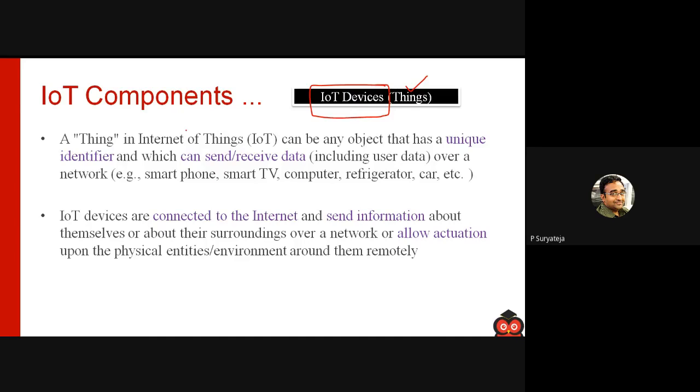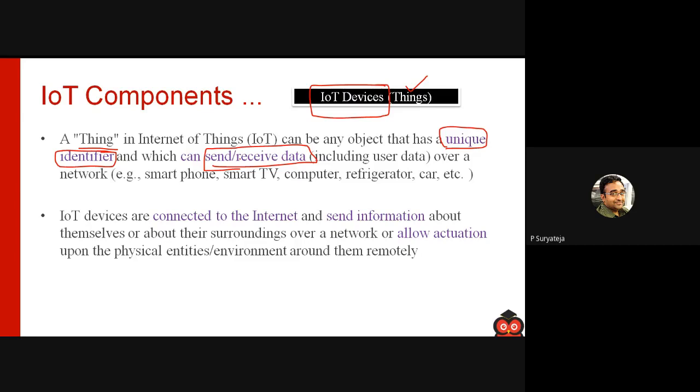So you can see here a thing always has some unique identity, and it can send and receive data, right? That is the property of a thing.